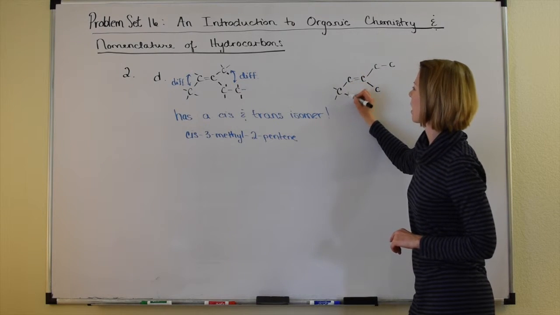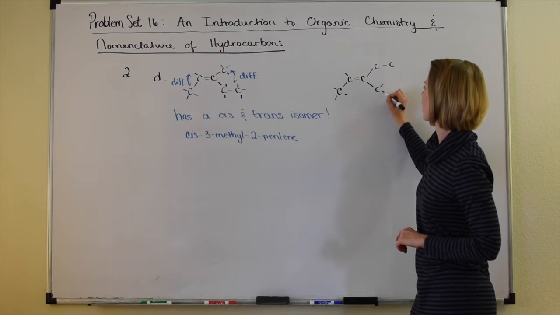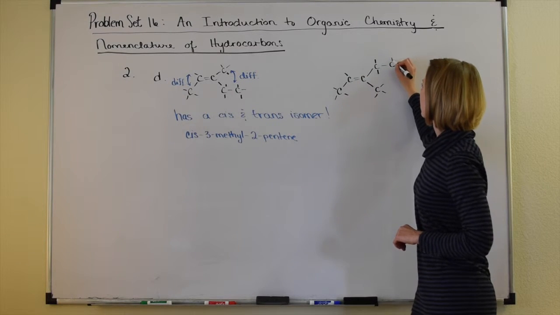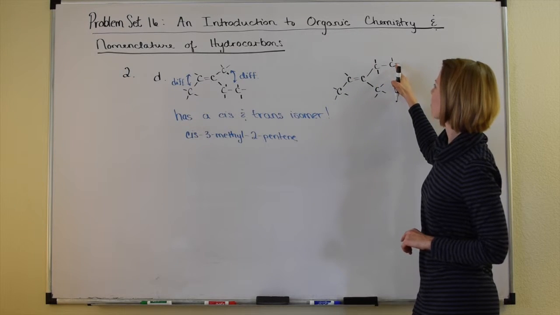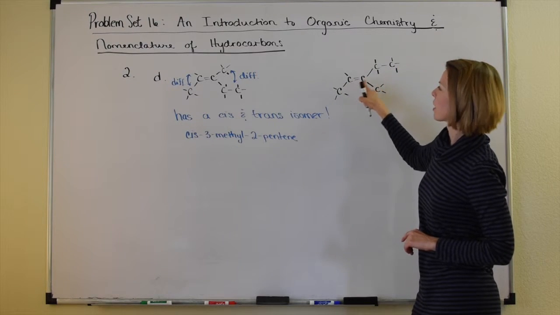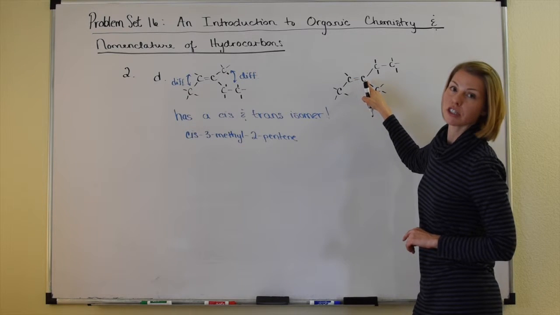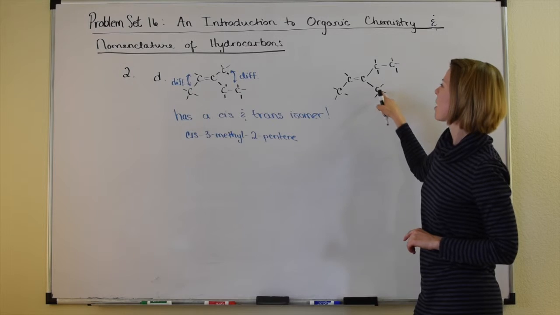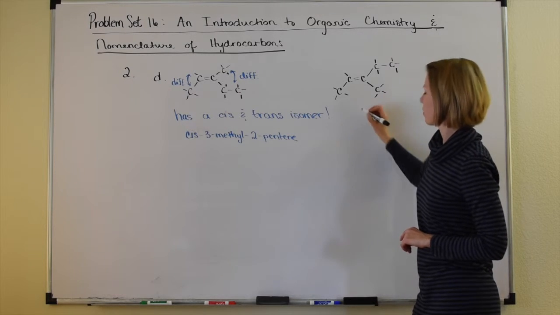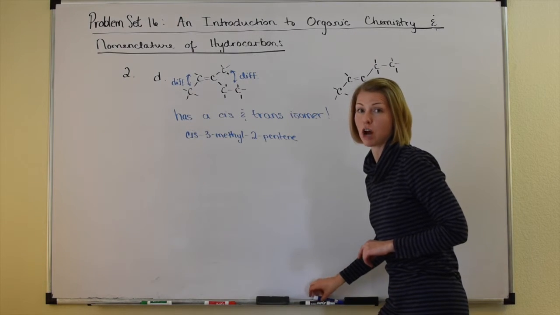Okay, so drawing all my hydrogen, I'll just draw lines to my hydrogen again. Okay, so we've got 1, 2, 3, 4, 5. We've got a double bond at the 2 position, so we've got a 2-pentene, 1, 2, 3. We've got a 3-methyl 2-pentene, and now this is the trans geometry.